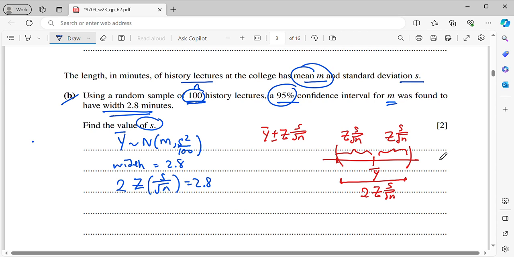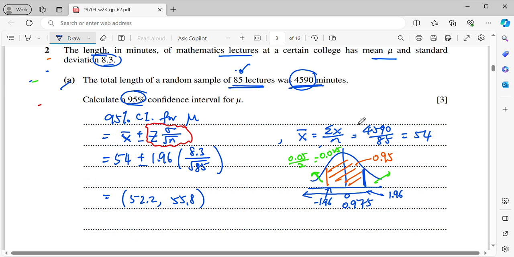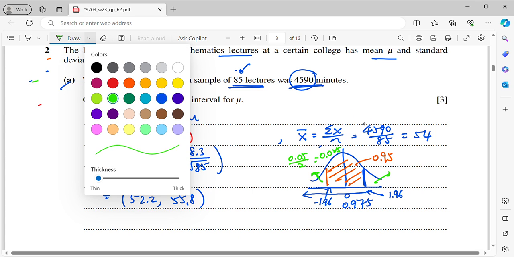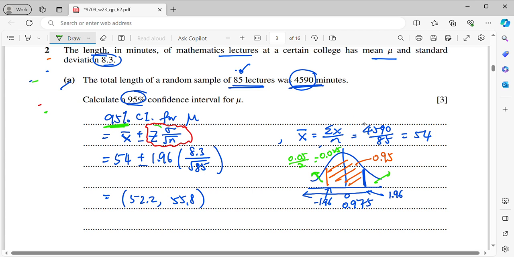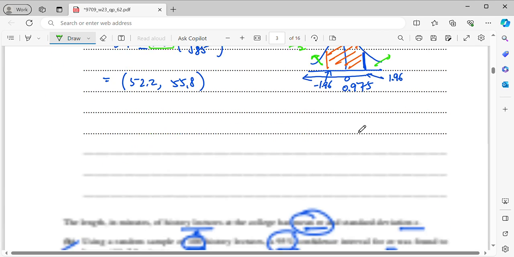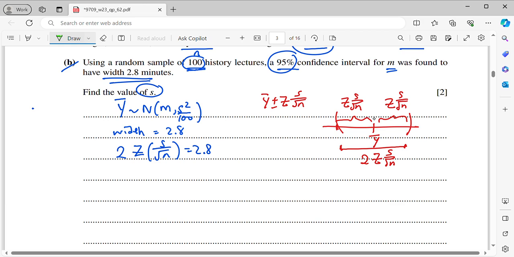So for 95%, you can refer back to the previous value, which is here. See here, 95%, the z value is basically 1.96. So now I will just replace the z value by 1.96. Then the s remains. Then the n is 100. Right, so square root 100 equals 2.8.